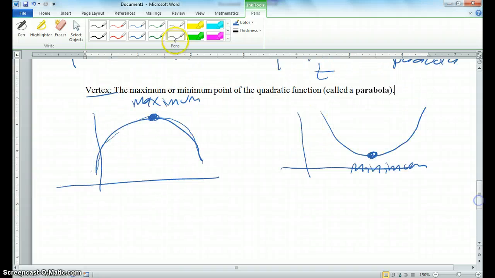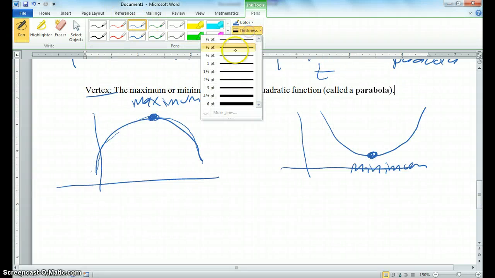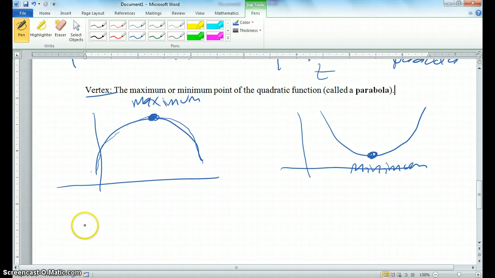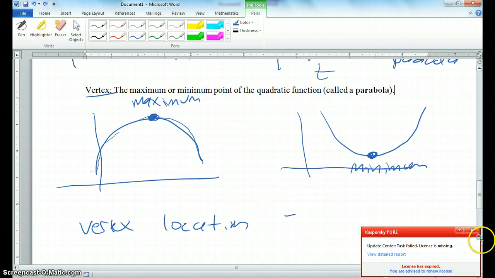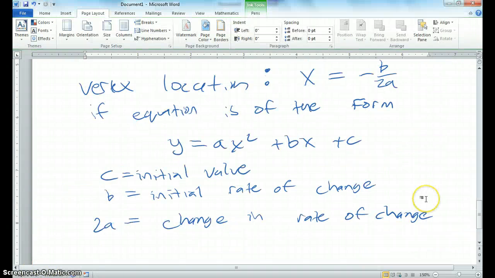So I'll let you make the judgment on how this connection can be made, but the vertex location is at x equals negative b over 2a, only if the equation is of the form y equals ax squared plus bx plus c.